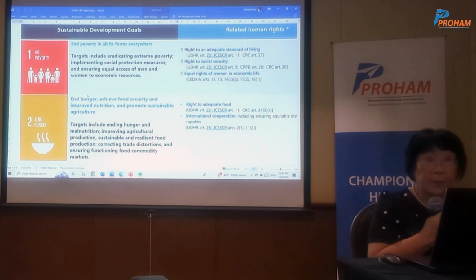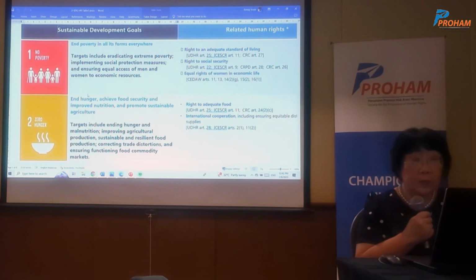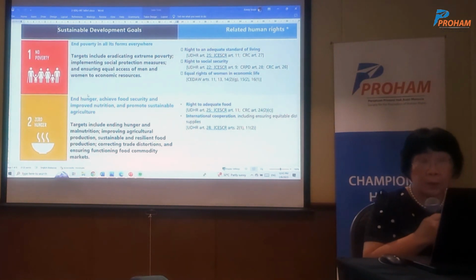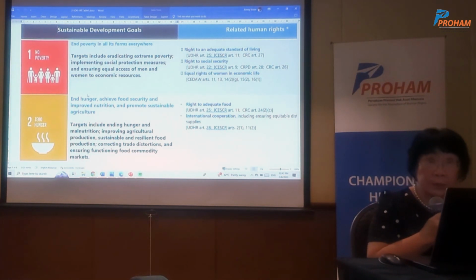So it has so many dimensions, and we are trying to tackle it, bit by bit, constituency by constituency. And of course, the government has a lot of programs, a lot of aid. But sometimes, like the social welfare, they have 120 over social welfare programs to give out to the poor, to the handicapped, to all kinds of vulnerable people.